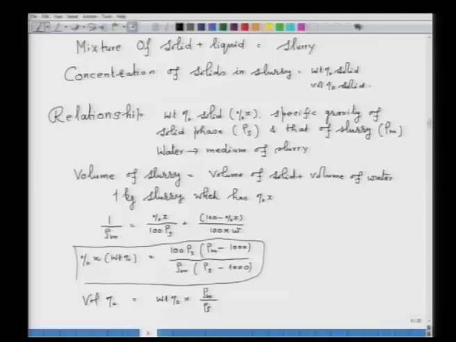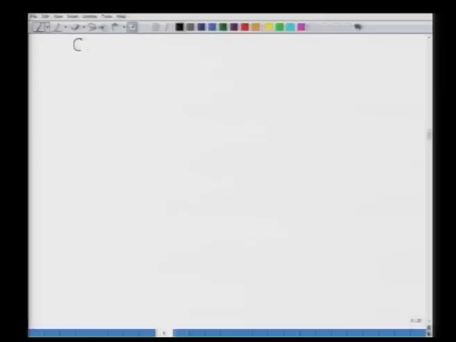Now, just let me illustrate. Let us calculate the specific gravity of slurry which contains 65 wet percent lime.